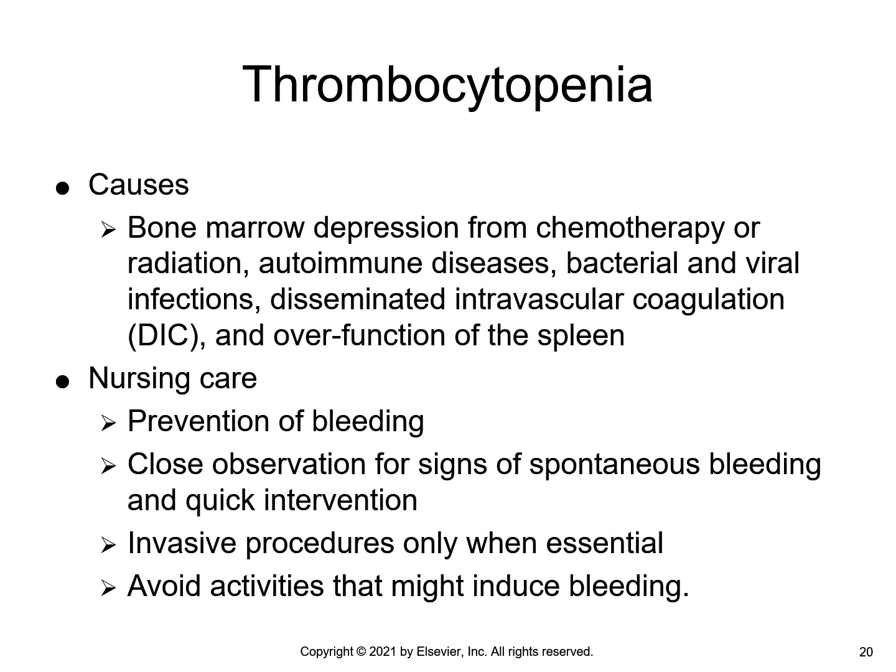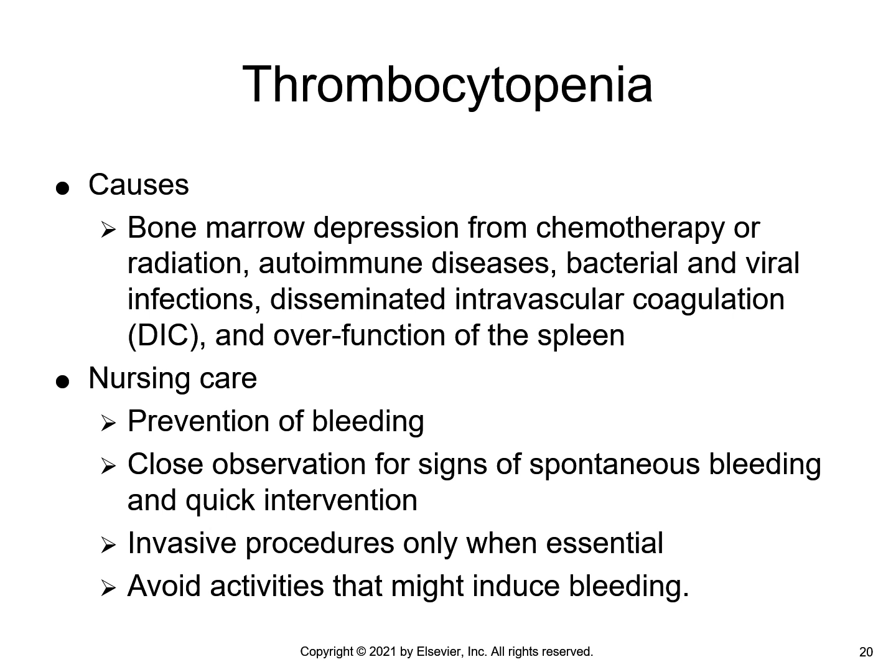Immune thrombocytopenic purpura is the most common acquired thrombocytopenia. It is an autoimmune disease in which there's an abnormal destruction of circulating platelets. In immune thrombocytopenic purpura, platelets are covered with antibodies.